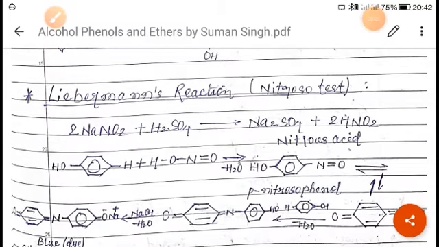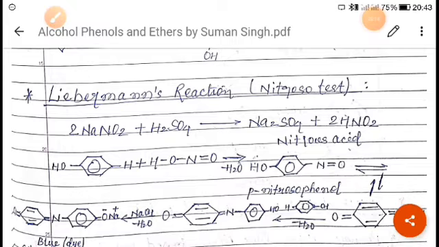Now next is Liebermann's test or Liebermann's reaction, okay, sometimes also called the nitroso test. As you can see here, most phenols give this test, okay, and here what we are doing is warming with concentrated H2SO4 and sodium nitrite, okay. Here phenols give a red or brown coloration, and the color changes to blue or green on adding aqueous NaOH, okay.